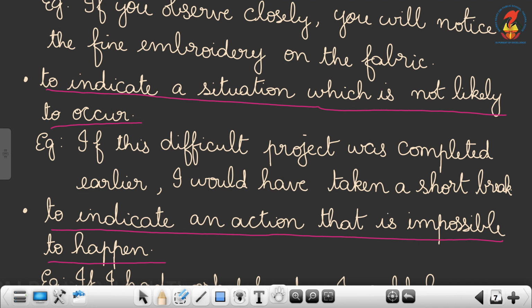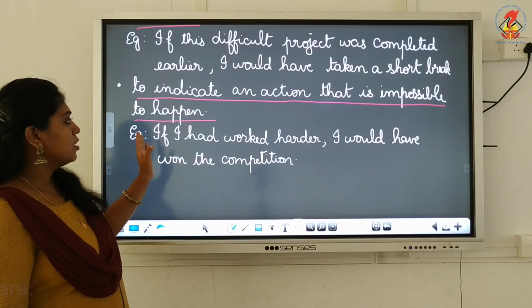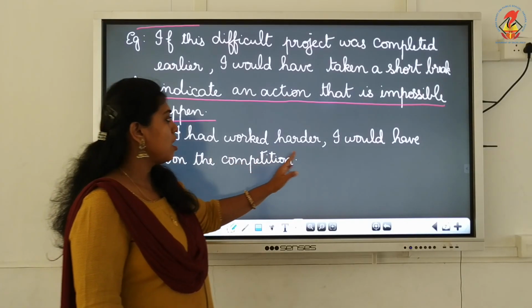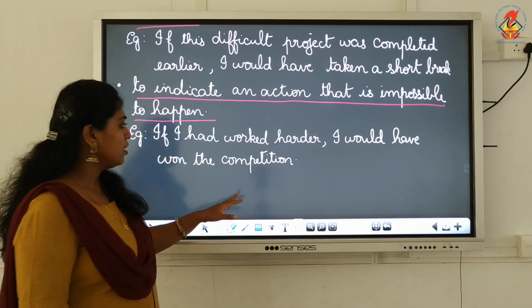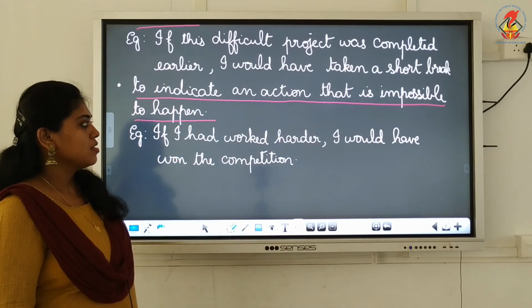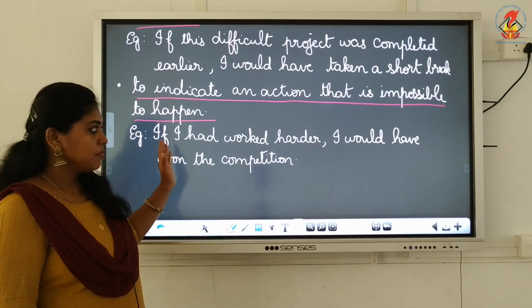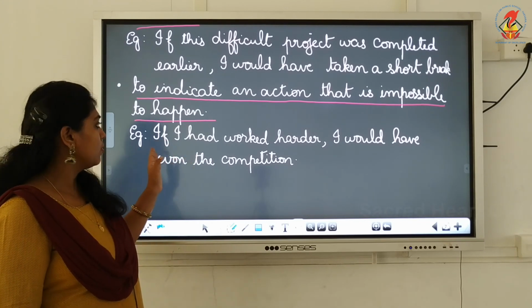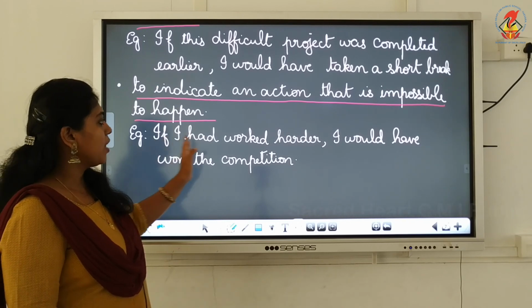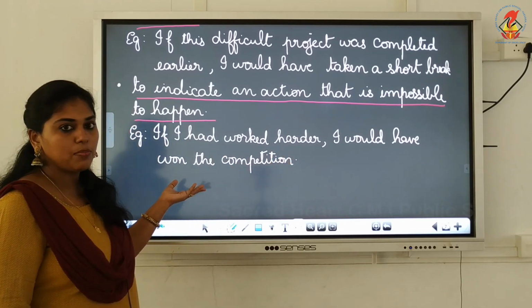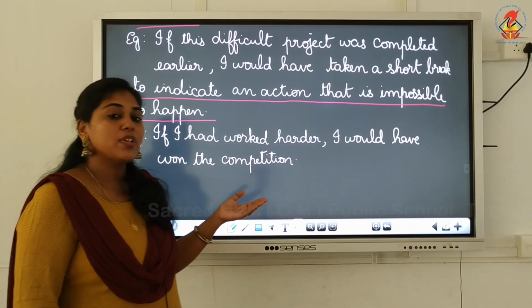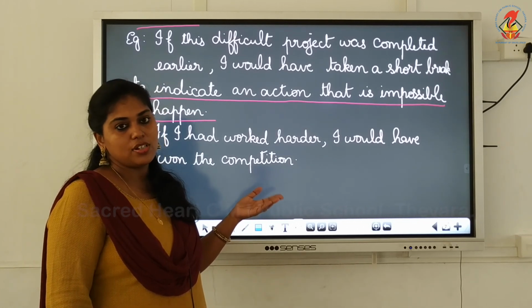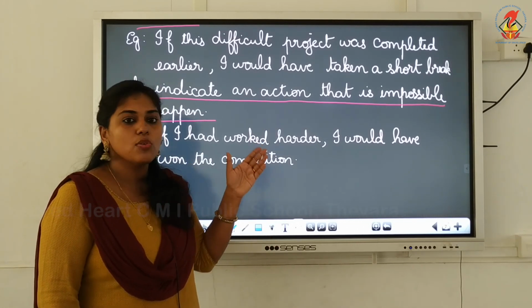Now the third situation is to indicate an action that is impossible to happen. Here: if I had worked harder, I would have won the competition. That is impossible now, because that action is already done. If I had worked harder, it will not happen now. He is referring to a past action, and it is impossible now because it's over, right?